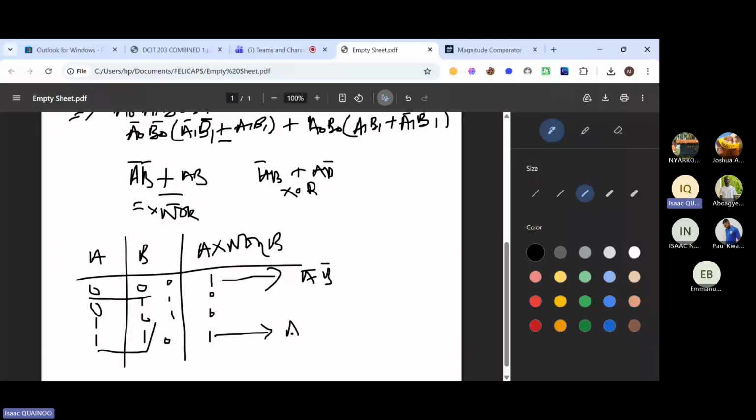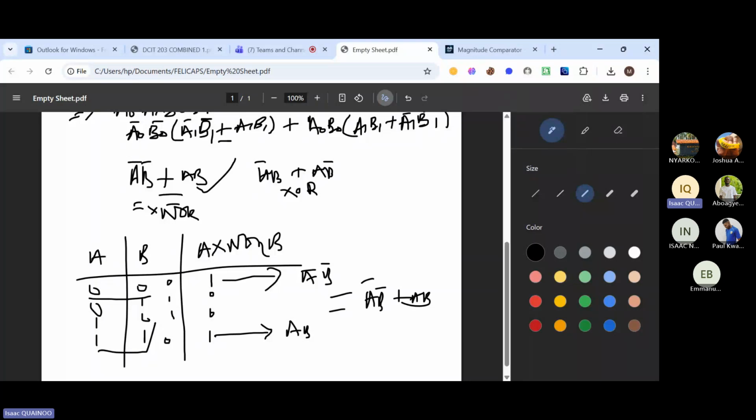So the resulting expression for an A XNOR B is A bar B bar plus AB. Can you all see where this law or rule is coming from? Yes. Exactly.